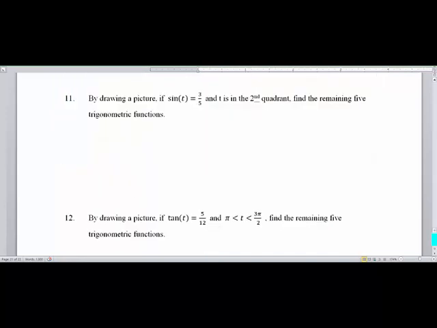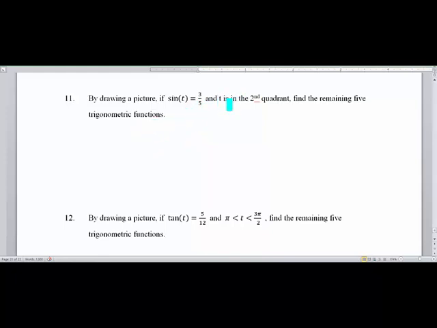We are going to take a look at a given SOHCAHTOA relationship to a point in a quadrant that's given, and then we need to find the 5 remaining trigonometric functions. So I'm going to have to draw a picture here, because doing this in your head is darn near impossible, and just doing the math without seeing the picture is also hard.